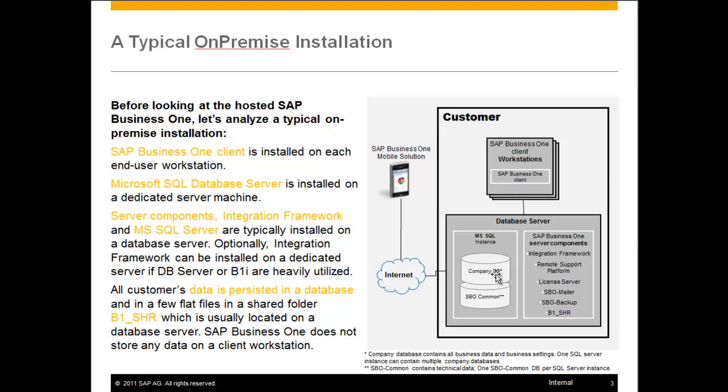So in a multi-tenant environment, each tenant has one or more company databases, and then the decision that the hosting provider has to make is in their infrastructure, how do they want to handle the management of the SAP Business One versioning.